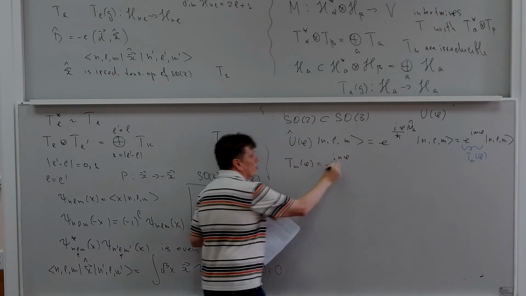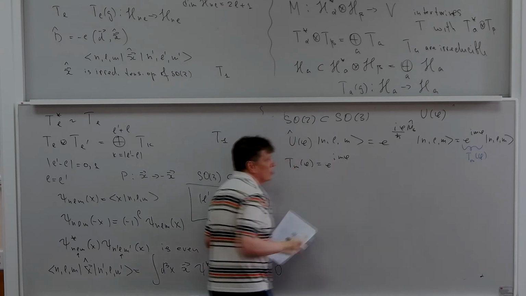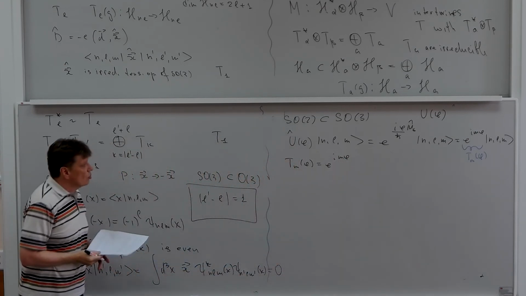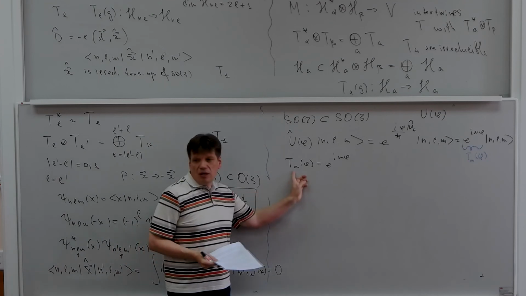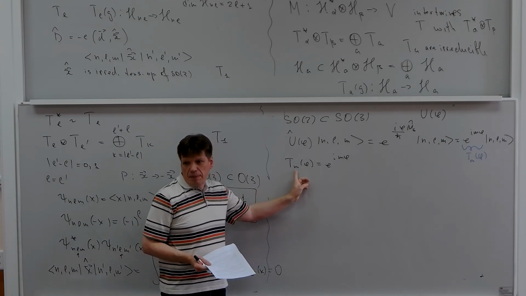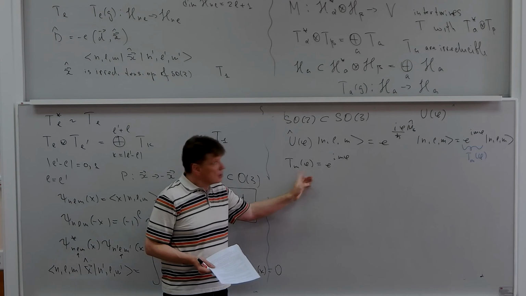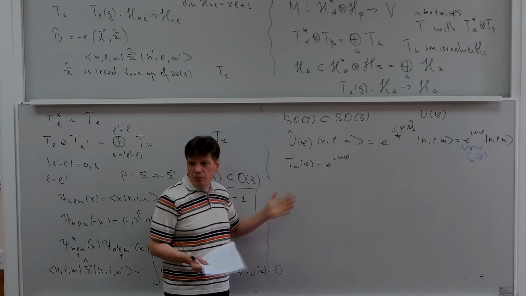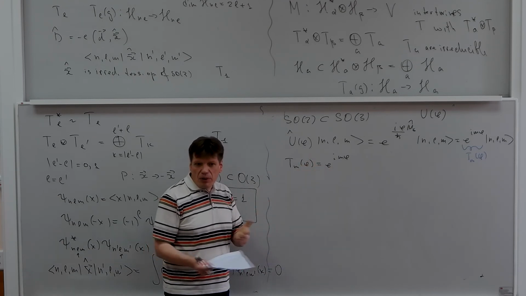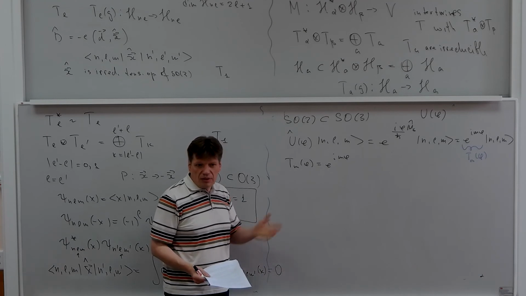So actually I have a set of representations labeled by the integer number m. And since these representations are one-dimensional, they are all pairwise inequivalent to each other. They are different.